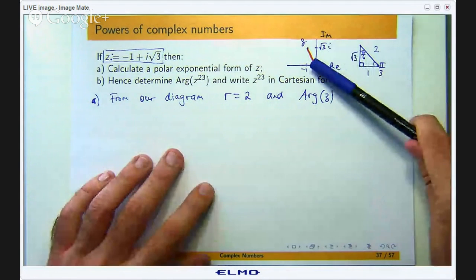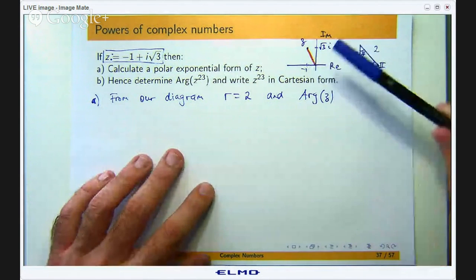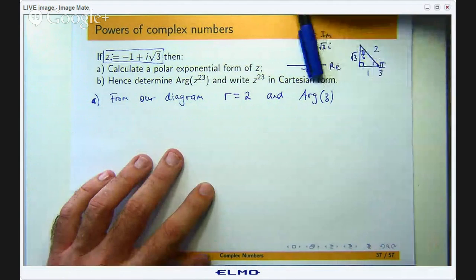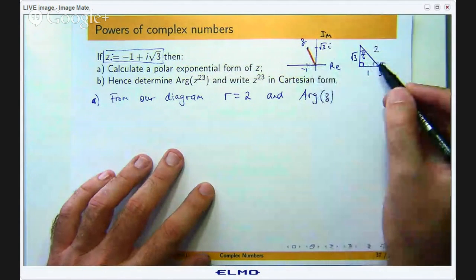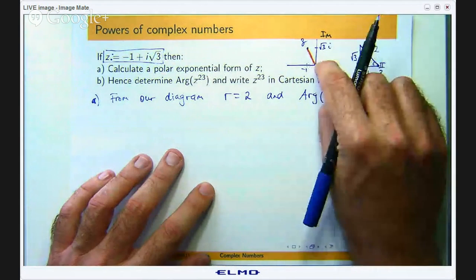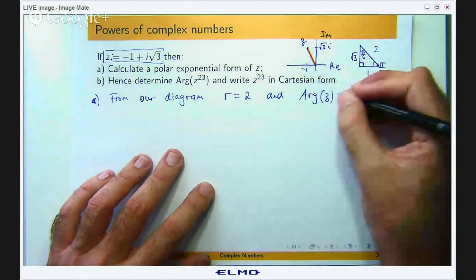So I start at the positive real axis, and I want to rotate and see how much I rotate to get to z. Now I know this angle here from this triangle is pi on 3, so what's left will be 2 pi on 3.